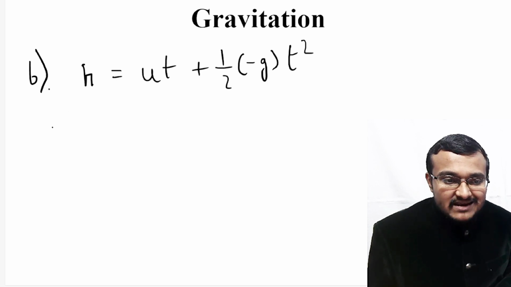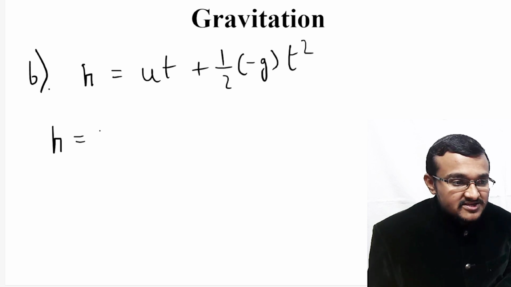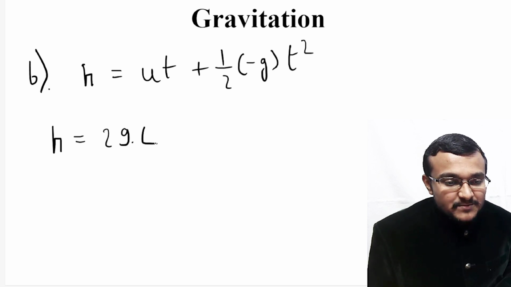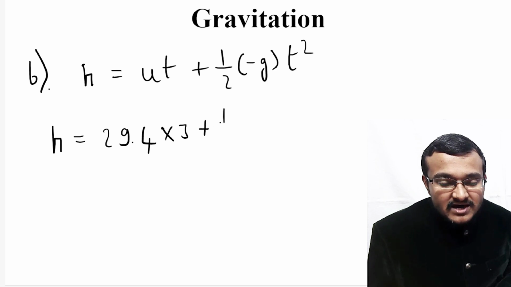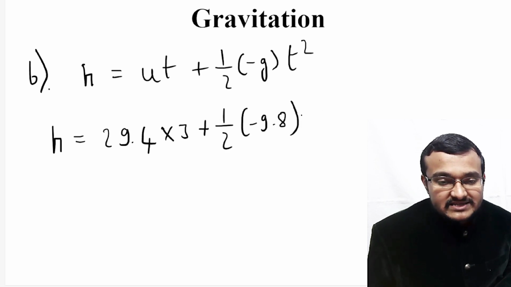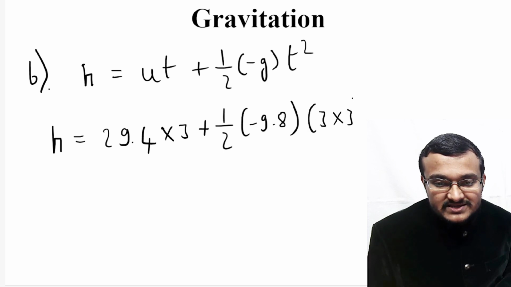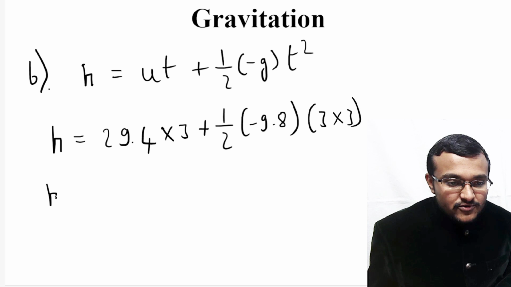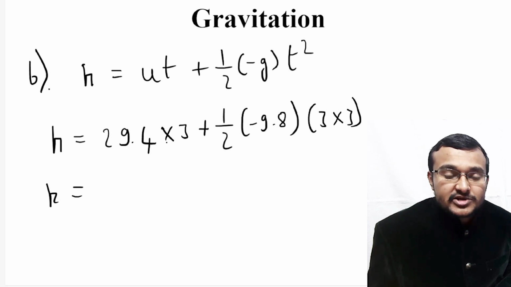Now you have to calculate the height. Now you know the initial speed: the initial speed is 29.4, and time taken is 3 seconds, plus half, minus 9.8. In the place of g you write minus 9.8 into t square. So t square is 3 into 3. So now h = 29.4 into 3.